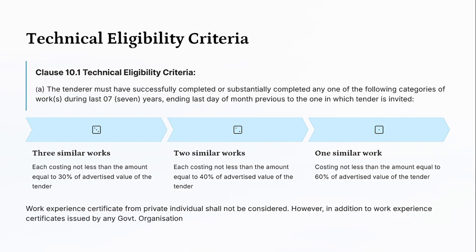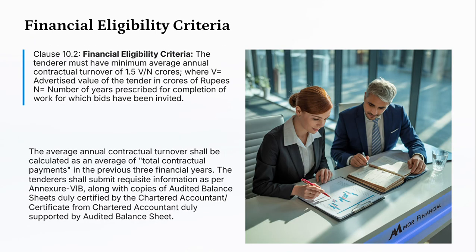For the similar works experience certificate, the certificate can be taken from BSE listed or NSE listed companies also, who have a turnover of more than 500 crore rupees, but they require some sort of documents also with that. So it can be checked in the GCC. Okay, what are the documents? Mandatory documents are required to be submitted with that particular similar work experience certificate.